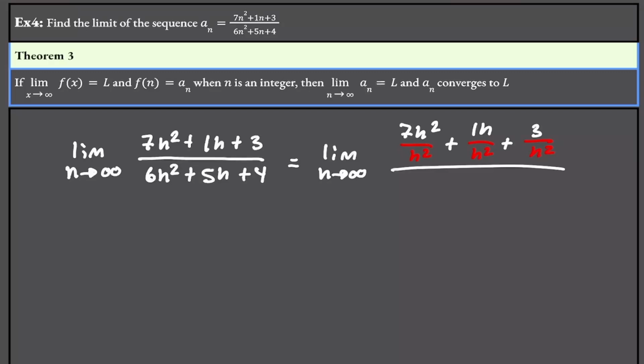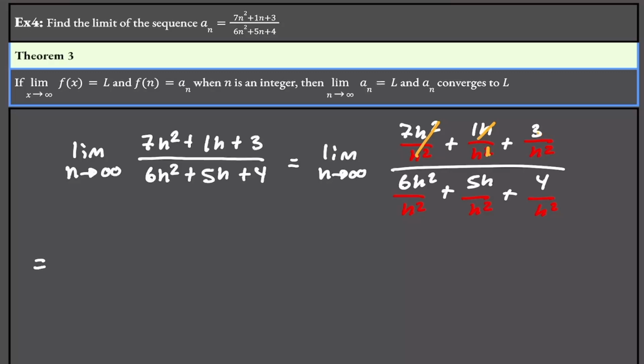And so in the denominator, we have 6n squared plus 5n plus 4. We're dividing everything once again by n squared. Okay, so when we simplify this a little bit, notice that these n squares cancel out, and what ends up happening between these two is that we're just left with n to the first power, and the first one, the numerator one, gets canceled.